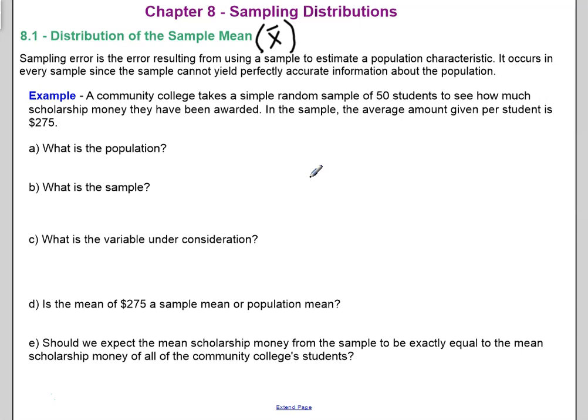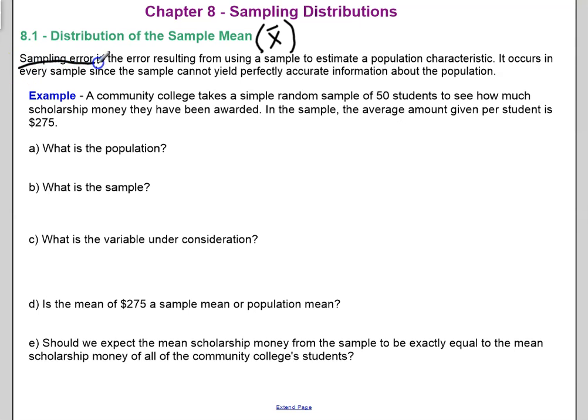So if you get a poll that says 43% is going to vote for candidate A, and then you see another poll that says 45%, and another poll says 40%, you're wondering, well, they can't all be right, so which one is right, or are they all wrong? Honestly, most of the time, most polls are going to be wrong in some way. It's just how wrong are they, right? So we want them to be as close as possible, but we do have to be aware of sampling error.